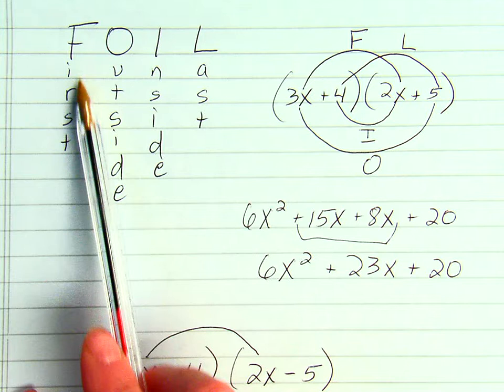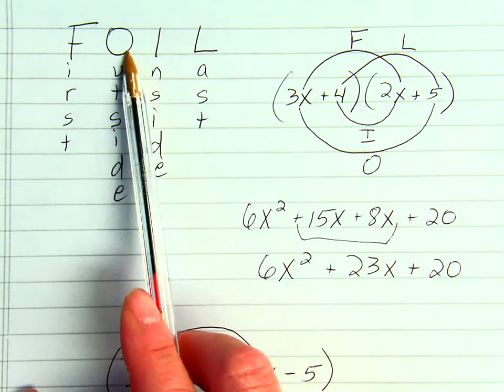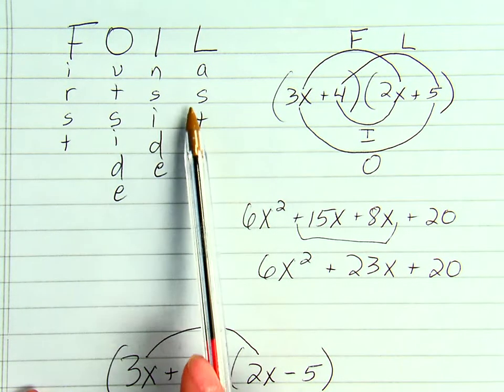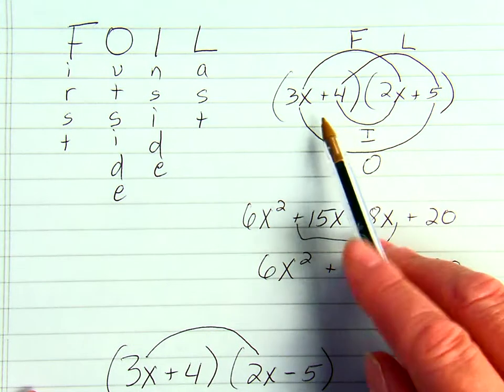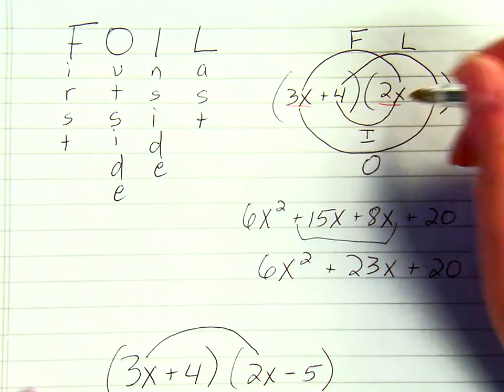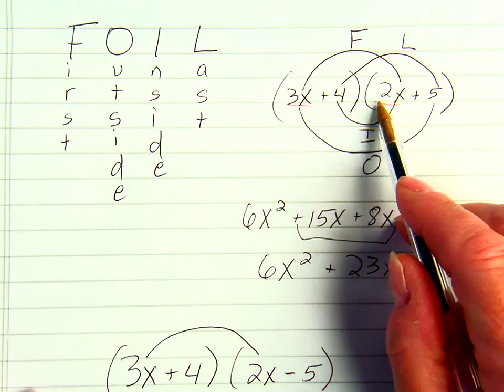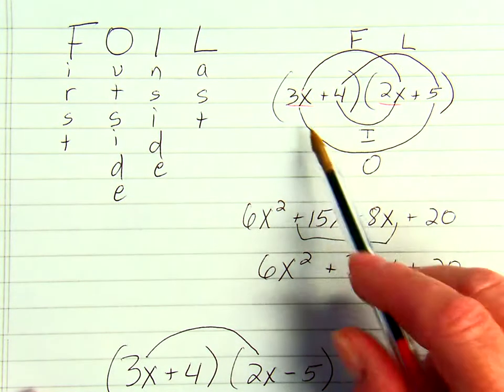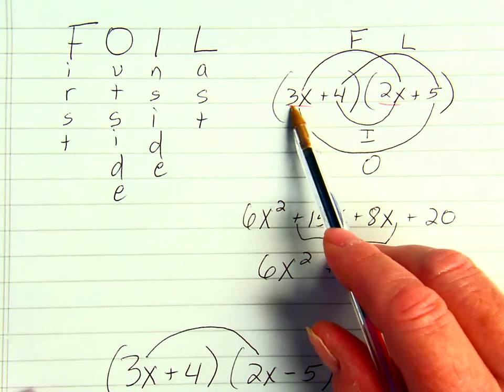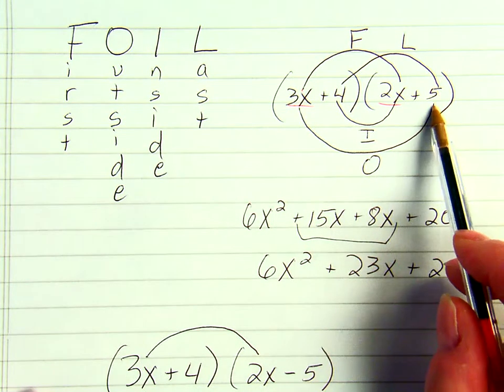So FOIL: F for first, O for outside, I for inside, and L for last. What they're talking about here is the first numbers, okay? So the 3x and the 2x are our first numbers. And then outside numbers, 3x and 5, they're the outside of this grouping.